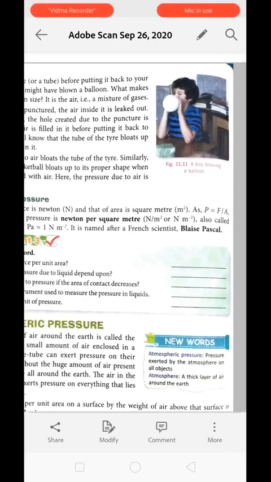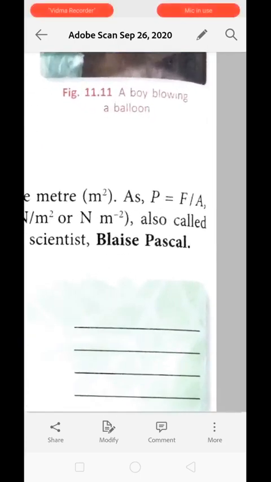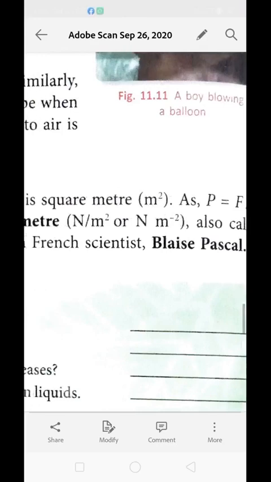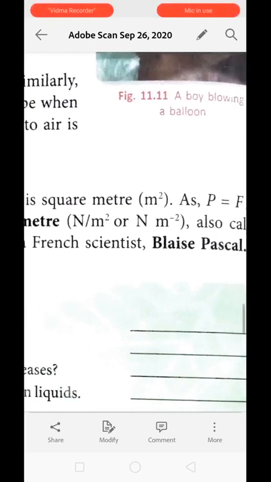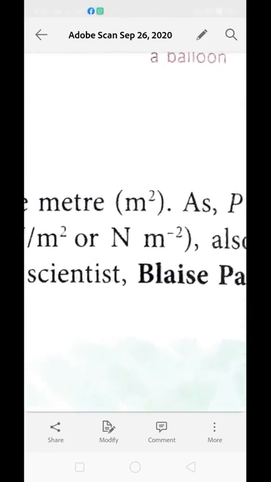So we will write Newton in place of force and meter square in place of area. This will result into this: Newton per meter square, which can be written as Newton meter to the power of minus 2 as well.